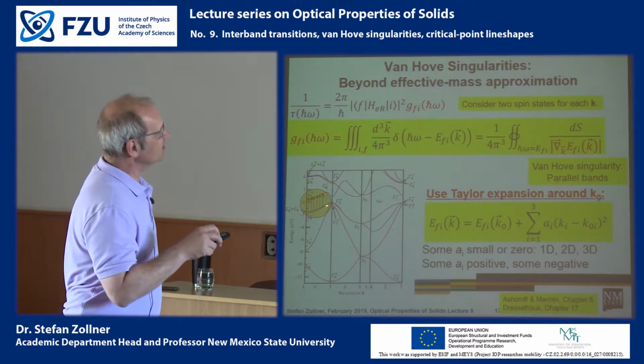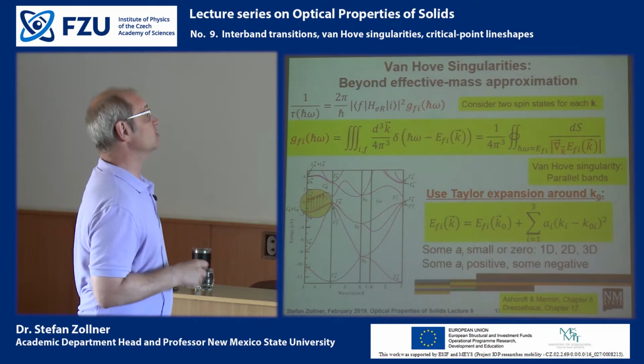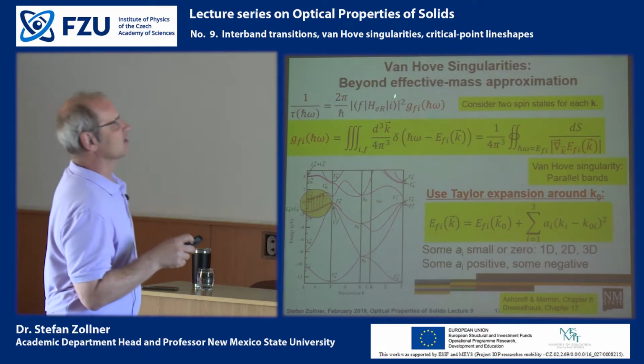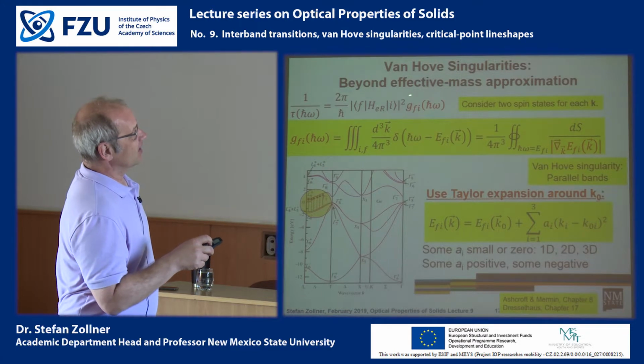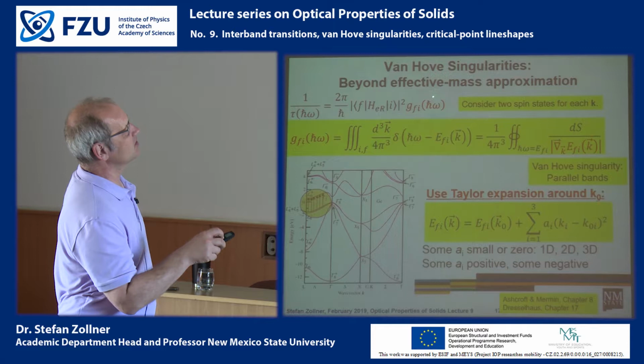So here the bands are parallel, and therefore we see these really strong peaks in the absorption coefficient. And these peaks come from the joint density of states.